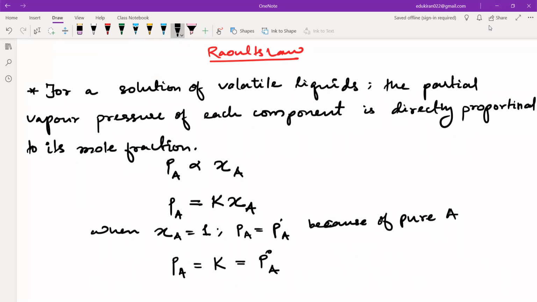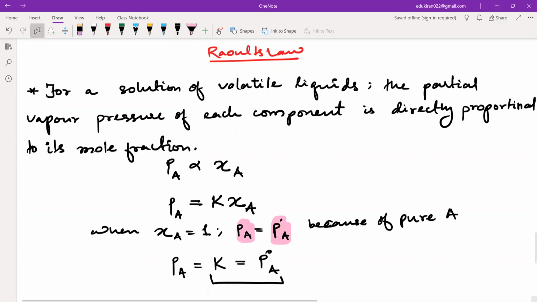There is no other liquid in the solution, and then the pressure applied by that liquid will be equal to the pure vapor pressure. Right? Vapor pressure due to pure A. And that is why K is equal to P naught A.